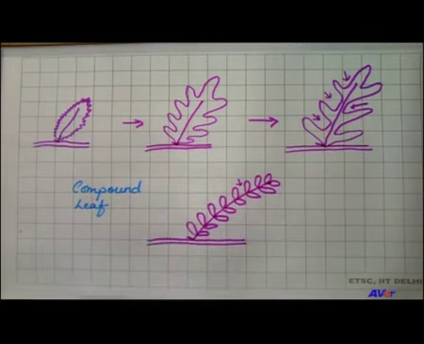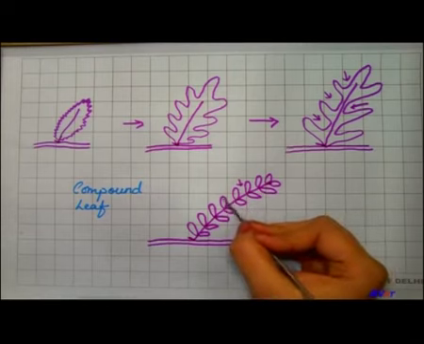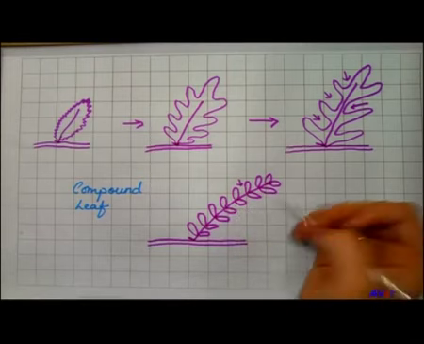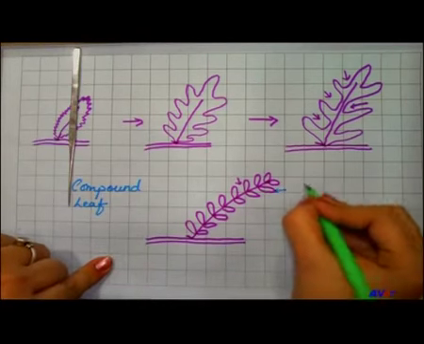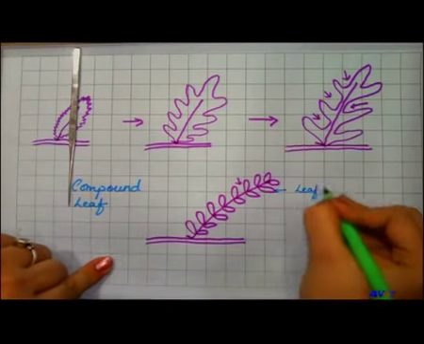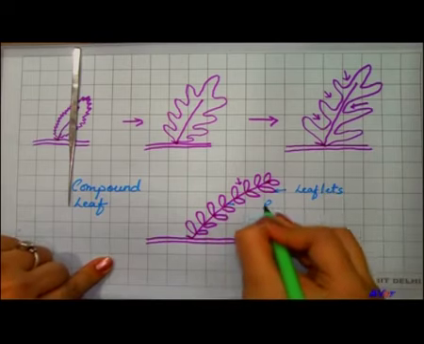Now, when you look at such a compound leaf, a question arises in my mind. How can you tell me that this is a part of compound leaf? Actually, these little leaf-like structures are now known as leaflets, and the midrib is known as the rachis.